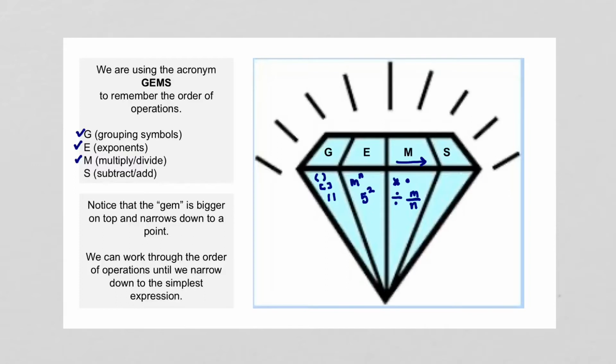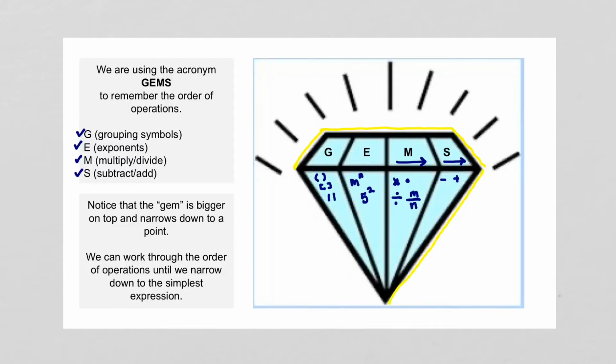And then finally, we will look for subtraction and addition left to right. So just like reading a book, we go left to right. So subtraction and addition. And that, if we go through all those steps, should leave us with a simplified answer. I want you also to notice that aside from the actual word, GEMS, G-E-M-S, if you look at this picture, like as a diamond, it's larger at the top and narrows down to a point at the bottom.